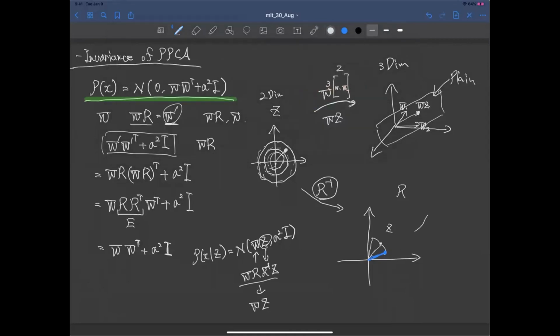Then this transformation will be WO. This is a new one. Then the result is exactly the same point.